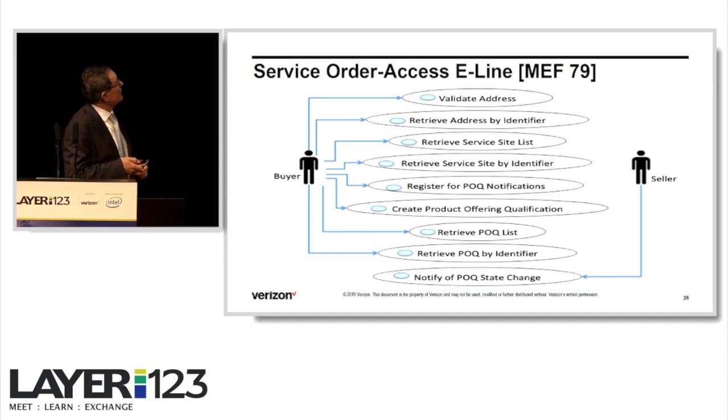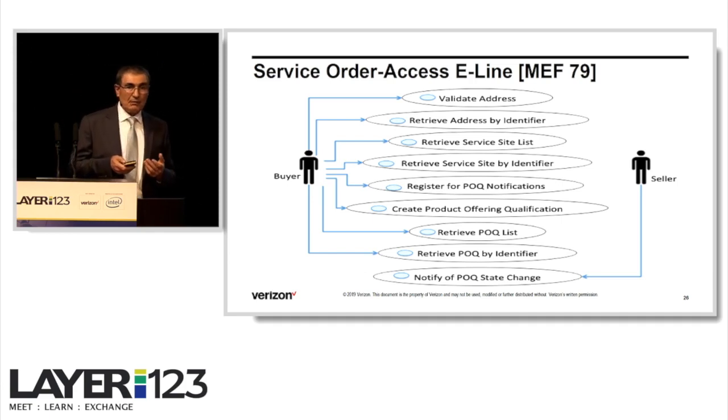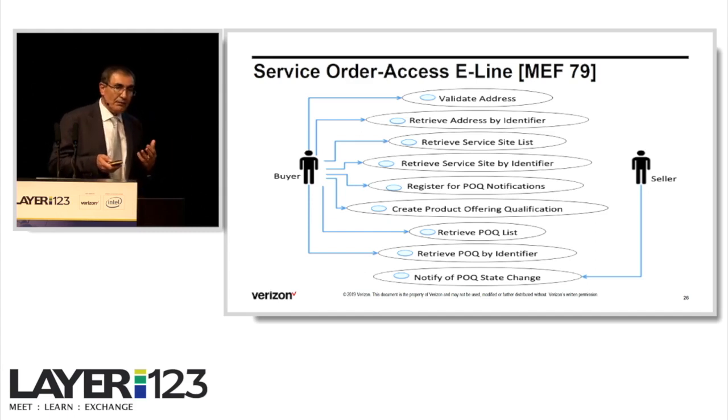So the first one is the service order, XS E-Line, and that's the spec MEF 79. And what you do is, as a user, you say, look, I want to have the service in location A. You probably give some geographical location or the street address, something like that. But then we have different ways of really verifying a location. So once you enter those street addresses, the service provider looks to see if they really match what they have in their database and so forth.